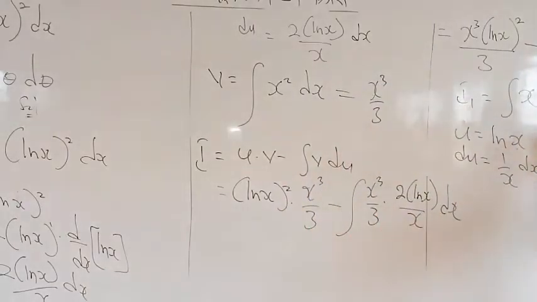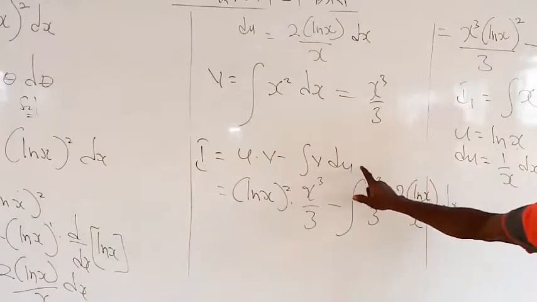And our v is integral of s squared ds. So v is s to the power 3 over 3. I hope you can see that. Alright. So here we have du, we have v, we have u. Then let's go back and do our substitution using the same formula.